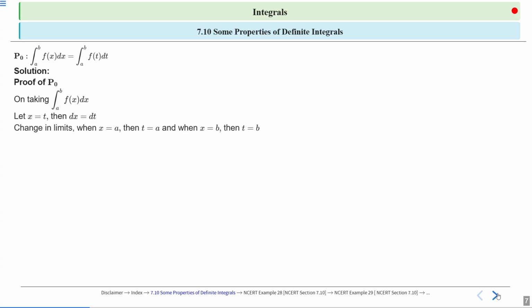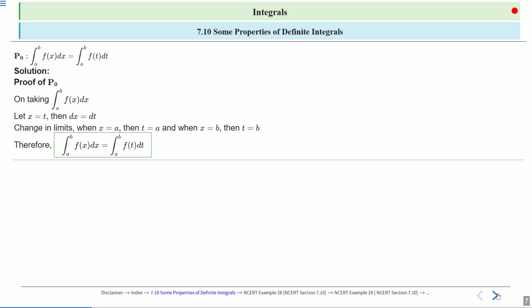And in the definite integral, when we apply the substitution method, we also need to change the limits according to our new variable. So now when x is equal to a, then t is also equal to a, because x is equal to t. And when x is equal to b, then t is equal to b. So the limits don't change. Previously the limit varied from a to b, and now it also varies from a to b.